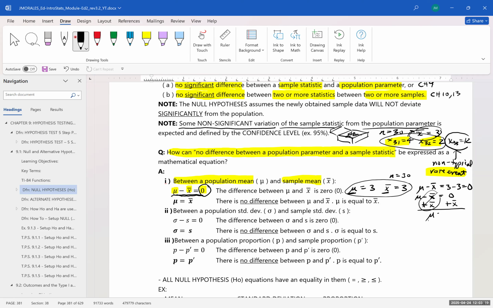And it means that the population mean is equal to the sample mean. That's another valid way of saying there's no difference between them because they're equal. Just be prepared to see it expressed this way too: if you take a population mean and subtract the sample mean from it, and it's equal to 0, that's another way of saying there's no difference between them.